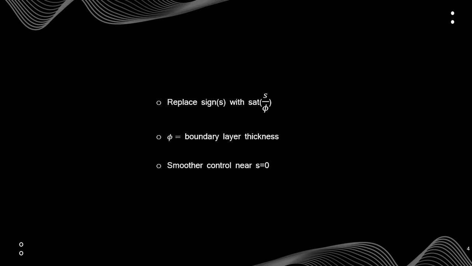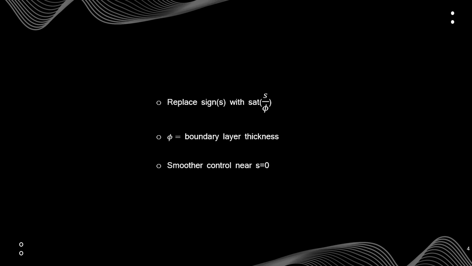The idea is simple. Instead of a sharp sign change at S equals 0, we use a saturation function inside a small boundary layer defined by phi. The control changes smoothly.